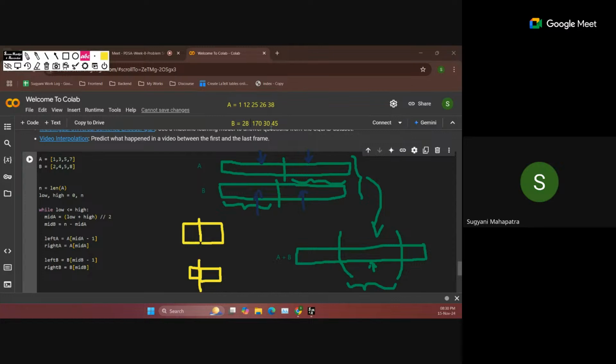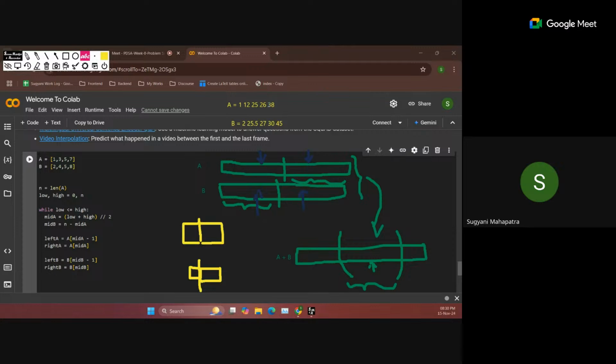Maybe this will be 25, this is 2, and this will be 27. Now notice what happens here. We have 25 as the middle element, 27 is the middle element. Assume the element previous to this is 25.5. There are no other elements between 25 and 26. So for B, one of the elements goes before the left of A and the remaining two elements go after the right of A, right?